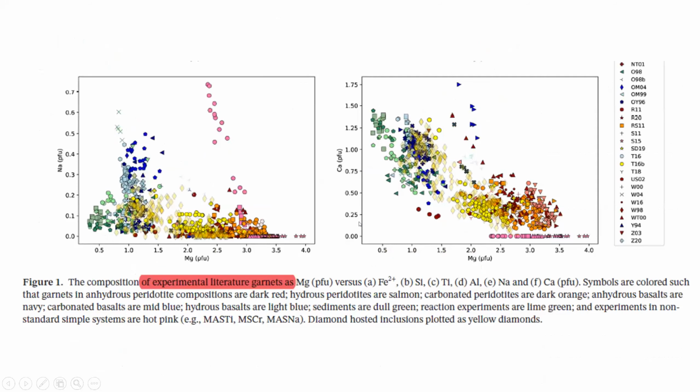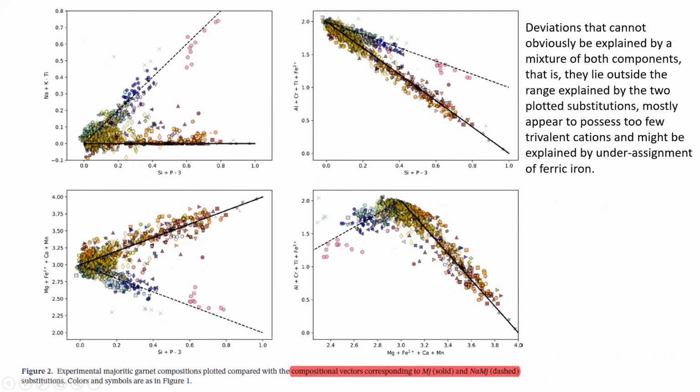And this is a similar plot, and these are the legends, of course. He has tried to plot these two kinds of substitutions. There are some points forming outside of these two vectors. If points are within these two vectors, that means there has been a mixing of these two end member vectors, and both the replacement vectors have been operating.